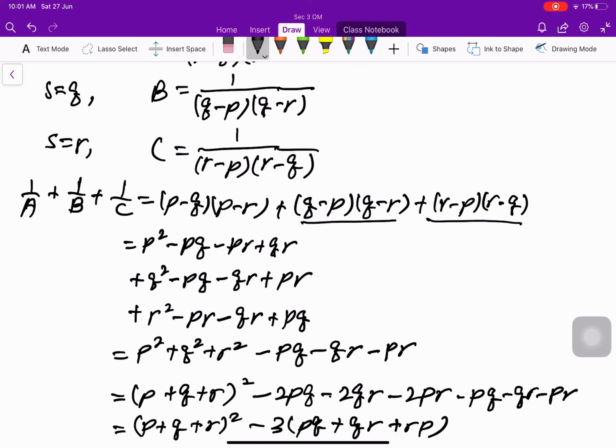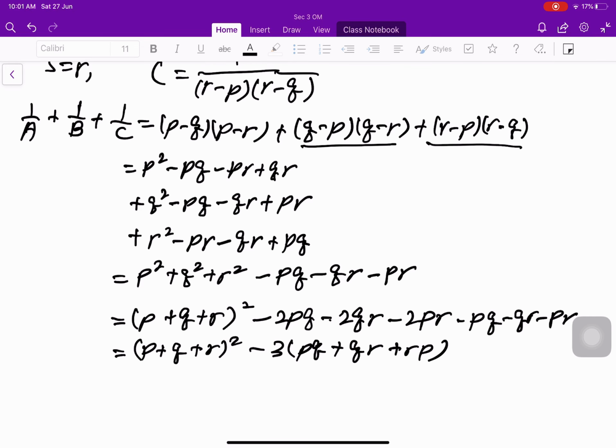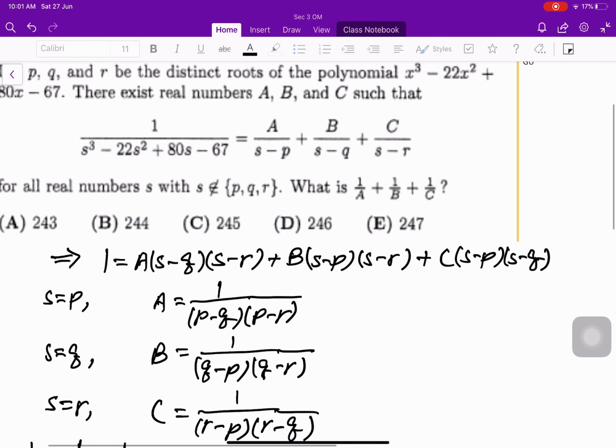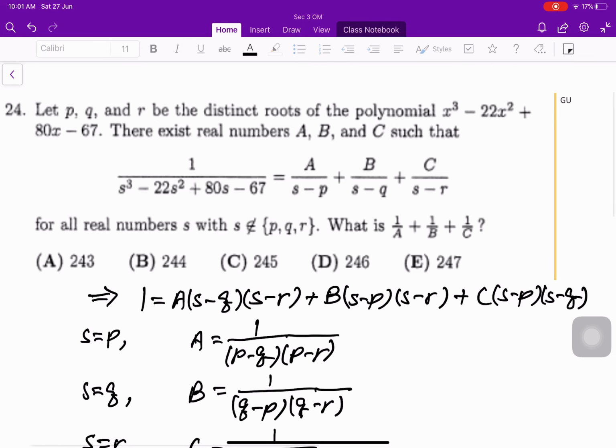I think that's why I say you should be patient and expand, and I think you'll be able to get the expression. Now, P, Q, R are the roots of the equation. Let's go back to the question. P, Q, R are distinct roots of this expression.